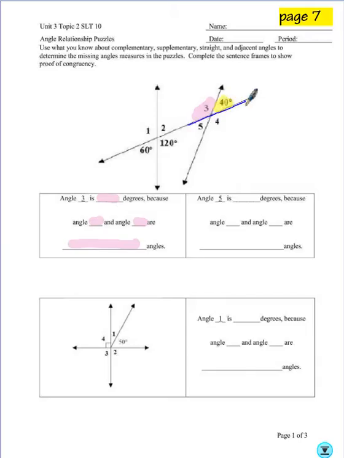And we know that two angles that form a straight line, or 180 degrees, are supplementary. So if you take 180, subtract the 40, you'd find out that angle 3 is worth 140 degrees. So I'm going to come down here. Angle 3 is worth 140 degrees. That's because angle 3 and the 40 degree angle are supplementary.